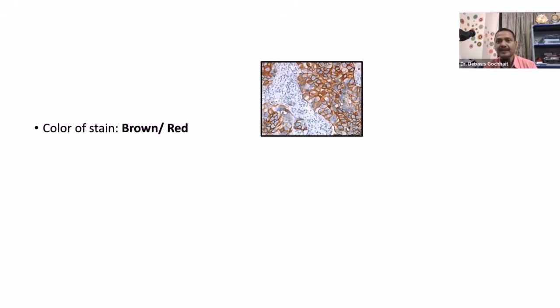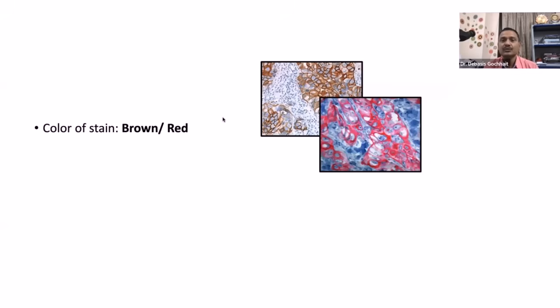If we have to see it in the microscope, then it needs to have some color, and only then can we say it is positive or negative. Usually most IHCs will stain brown, and that is because of a chromogen called DAB, diaminobenzidine.